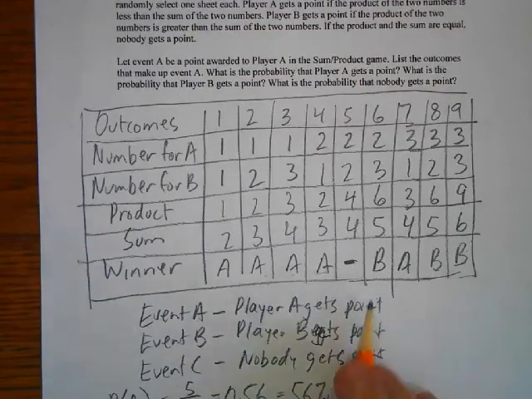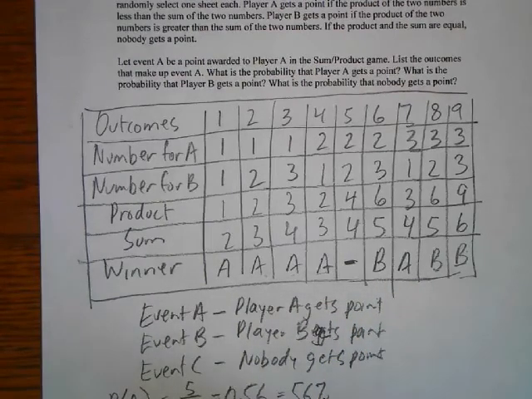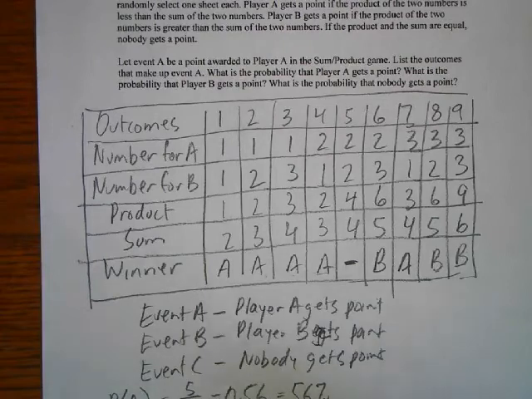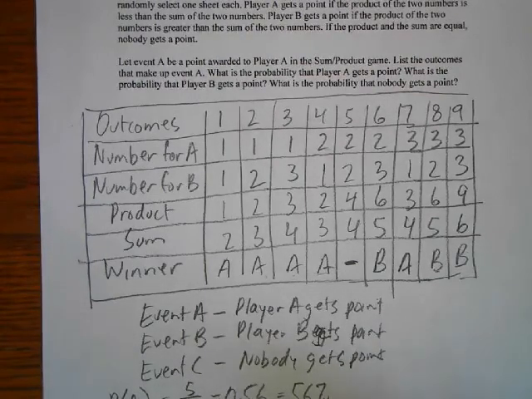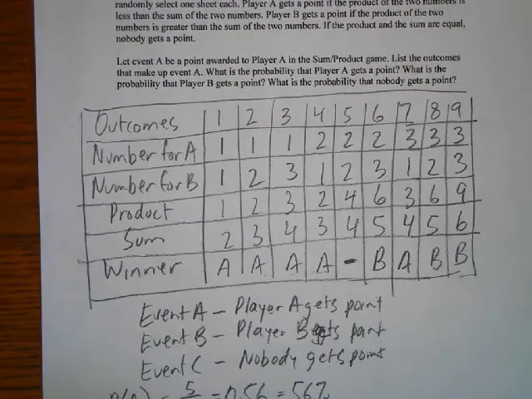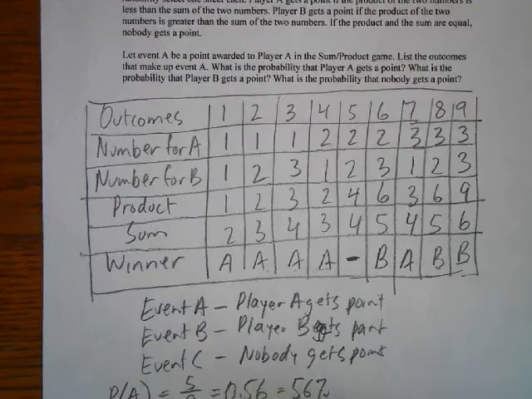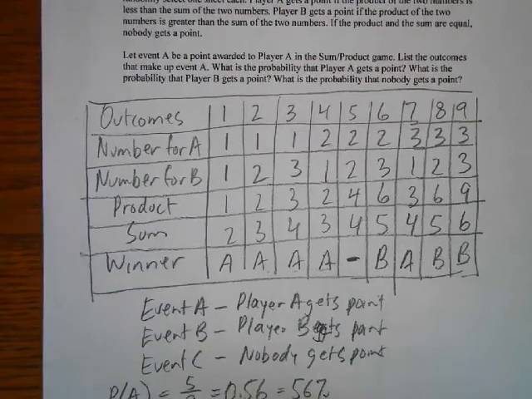Player B wins 3 times out of 9. So that's 1/3. Works out to 1/3, so 33%. And then nobody winning, that happened once out of 9 times. So that's 0.11 or 11%.